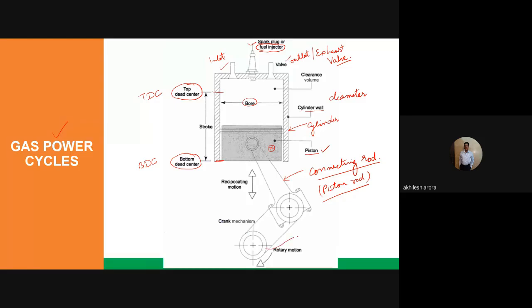This is the crank, and at the center of this crank we have the crankshaft. When this crankshaft is rotated, the rotary motion of the crankshaft gets converted to the reciprocating motion of the piston. So the piston moves in or out of the cylinder.